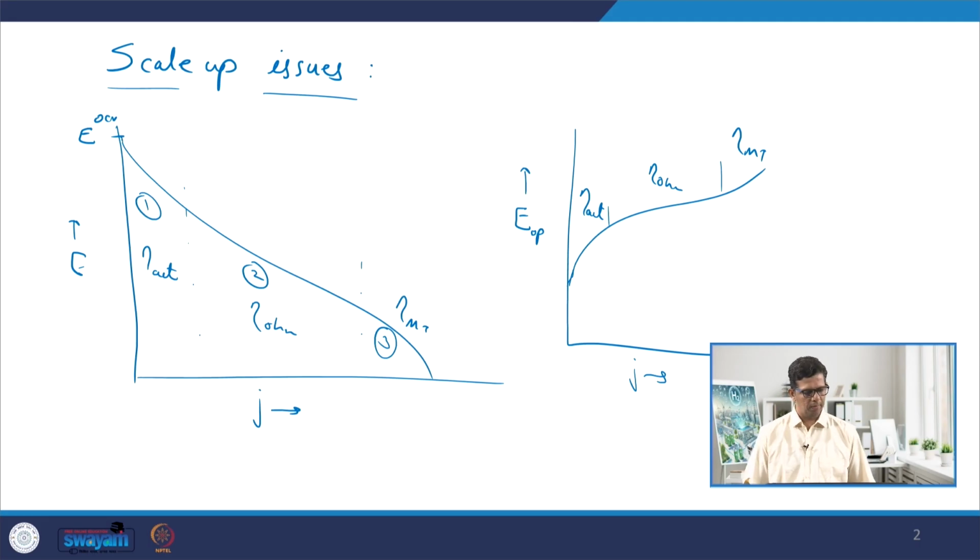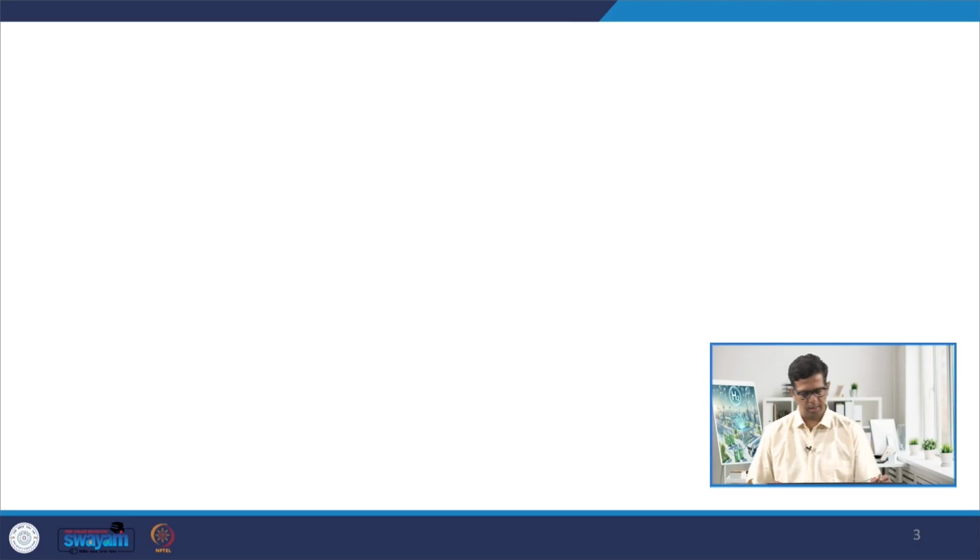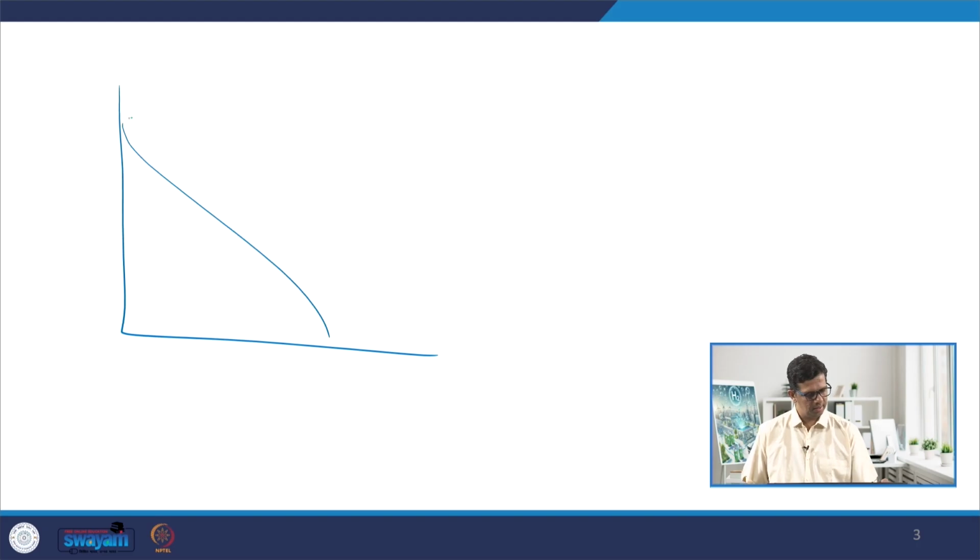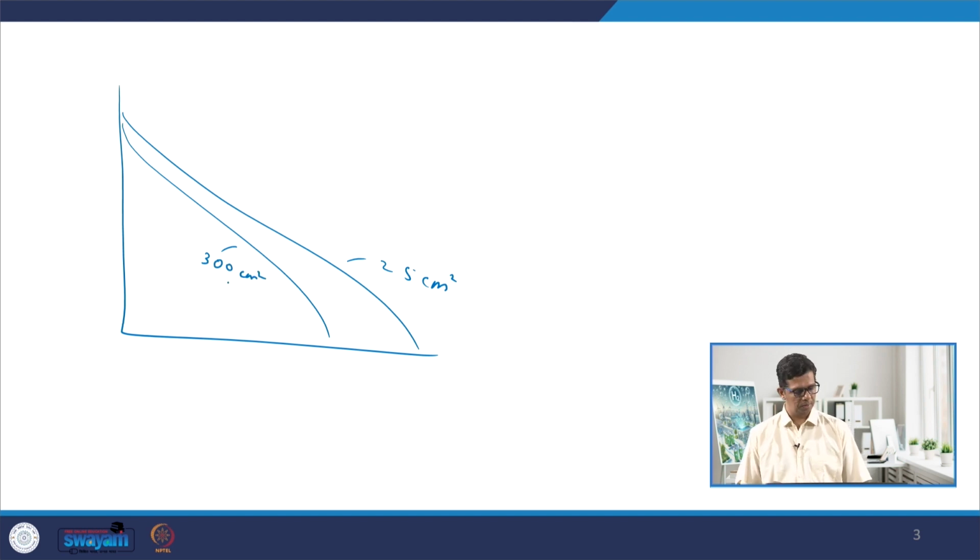So the question arises, even if we have the same material, let us take two case studies. One is a 25 centimeter square cell, which we have discussed before, and the other is a 300 centimeter square cell. This means the area of the electrode differs, and we have seen that there is a difference in performance as and when the cell is scaled up.